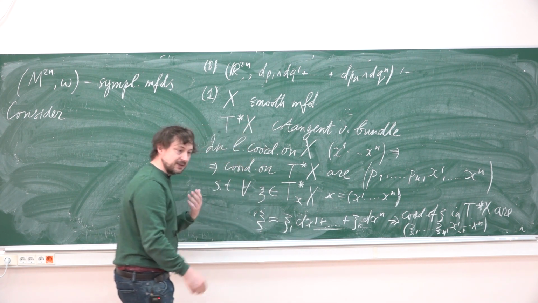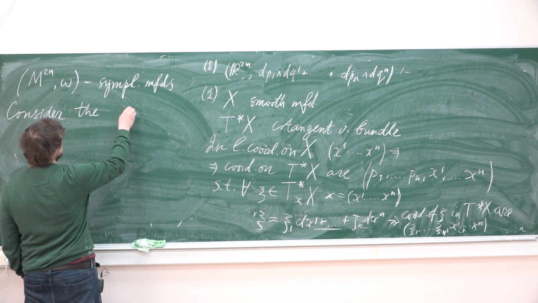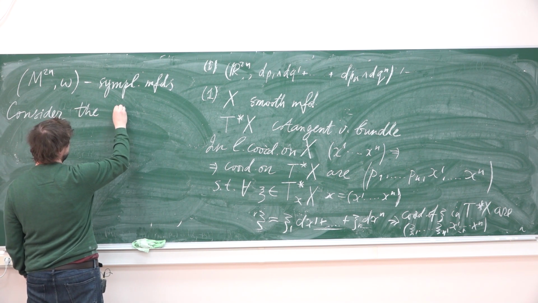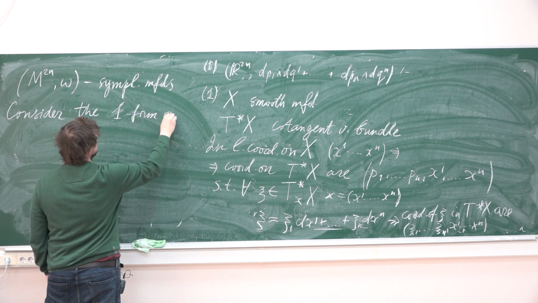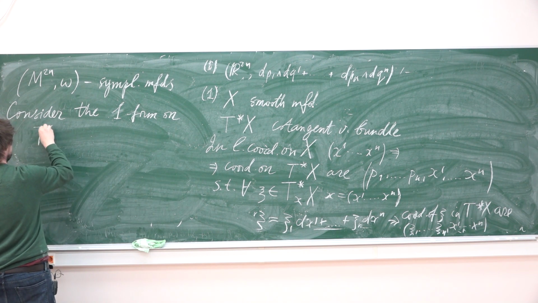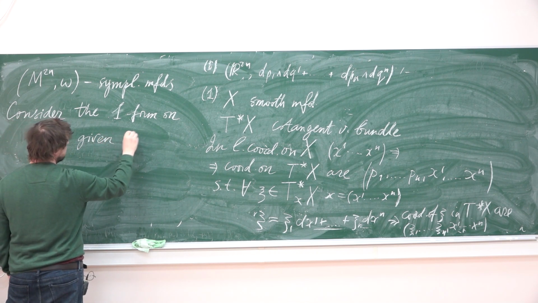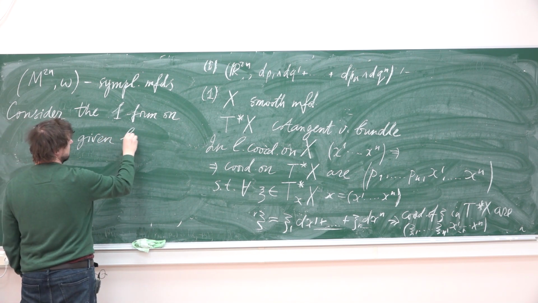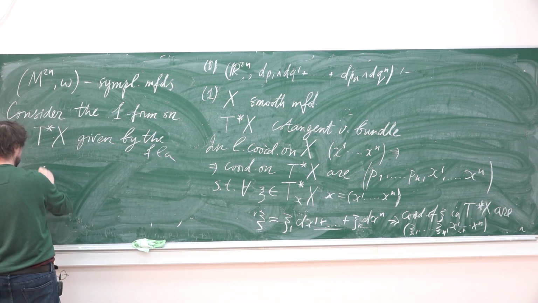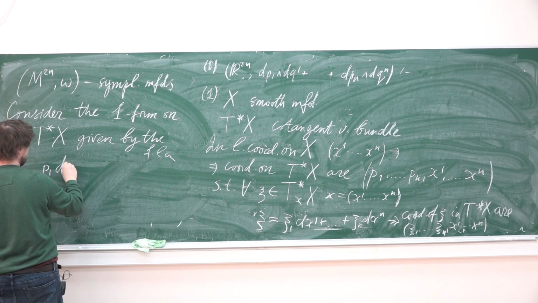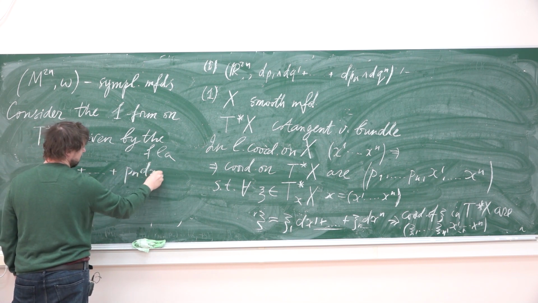But then you can actually change it a little bit. So consider the differential one form on T star of X given in these coordinates by the formula p1 dx1 and so on, pn dxn.